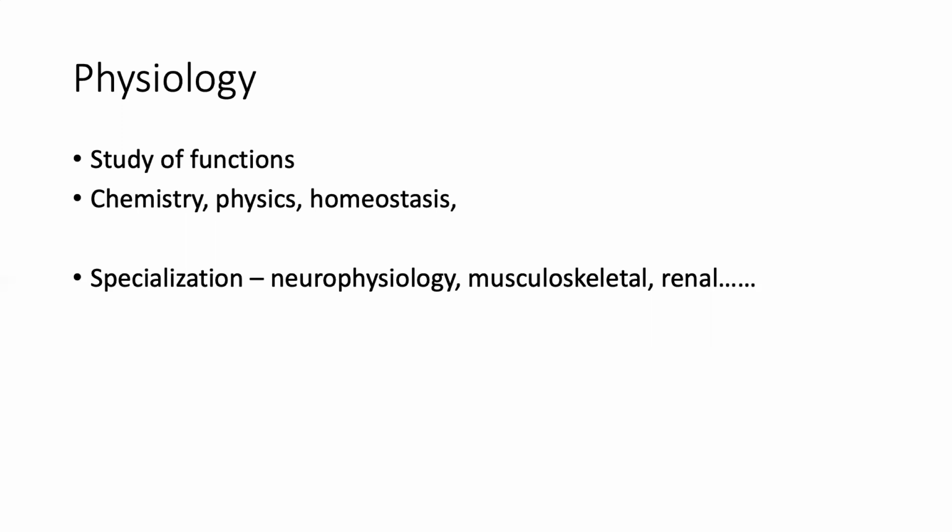Some studies specialize in the nervous system as neurophysiology, some in the muscle and bone system as musculoskeletal physiology, and so on, renal or kidney physiology. It is more to do with the functions and the way electrolytes, fluids and oxygen behave, what is happening at the tissue level, and how they maintain homeostasis, the normal internal environment of the human body. That is physiology.